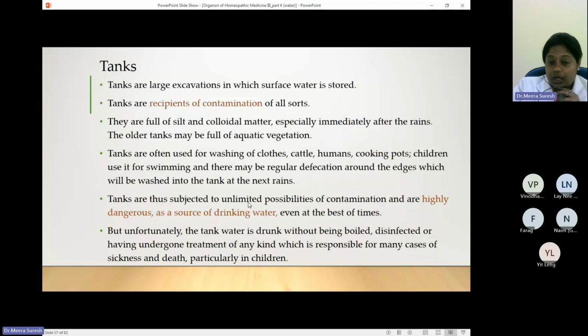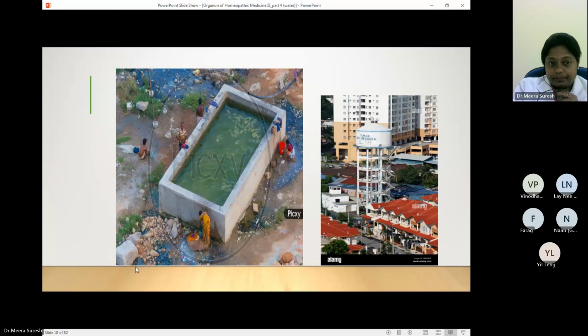Tanks are thus subjected to unlimited possibilities of contamination and are highly dangerous as a source of drinking water, even at the best of times. But unfortunately, the tank water is drunk without even being boiled, disinfected, or having undergone treatment of any kind, which is very responsible for sickness and death, particularly in children.